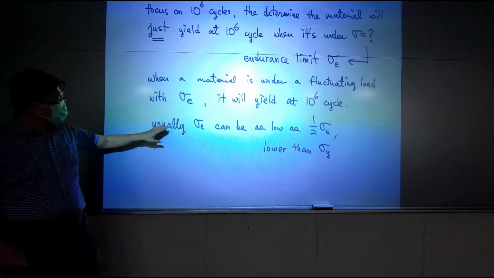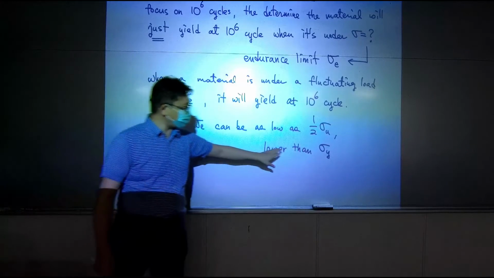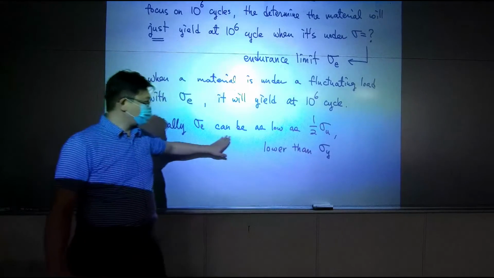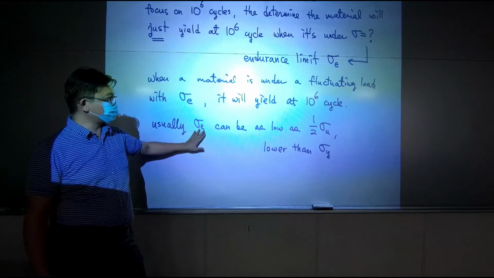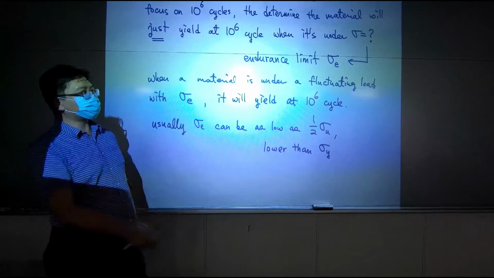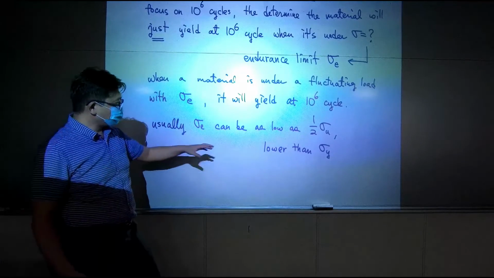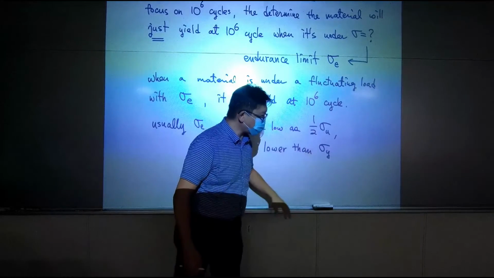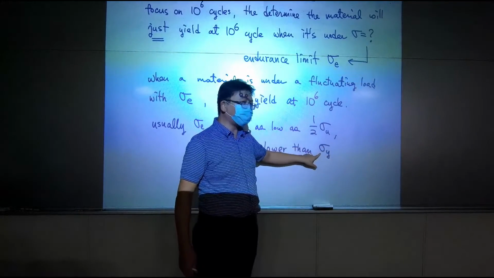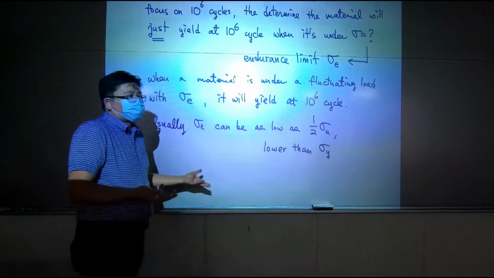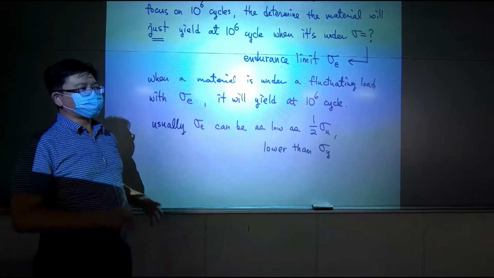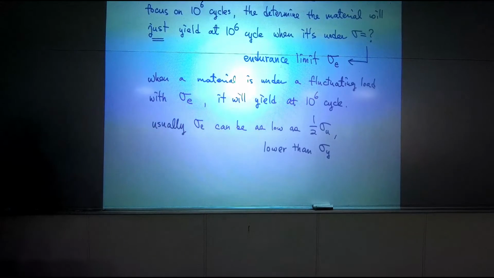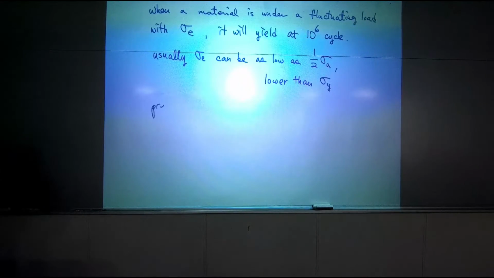So usually this is lower than the yield strength. Then it's not a good thing, because when a material is under some amount of cycles, the strength drops and becomes lower than the yield strength. So what we had in the past, we have some design equations.